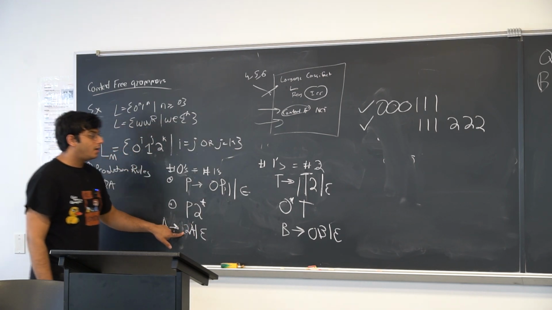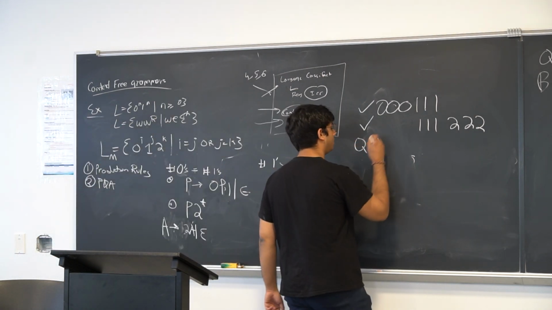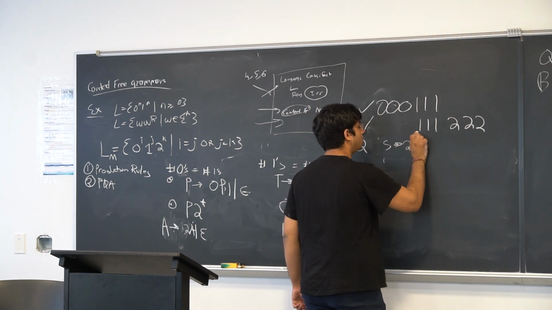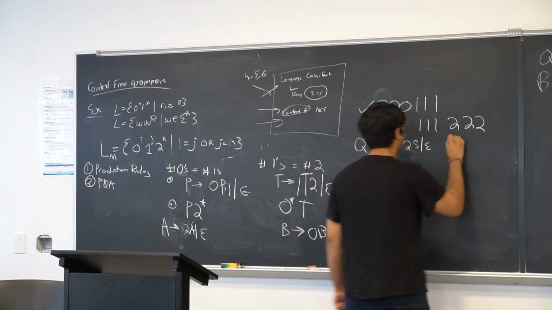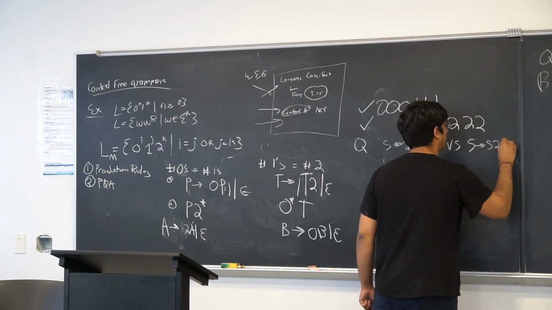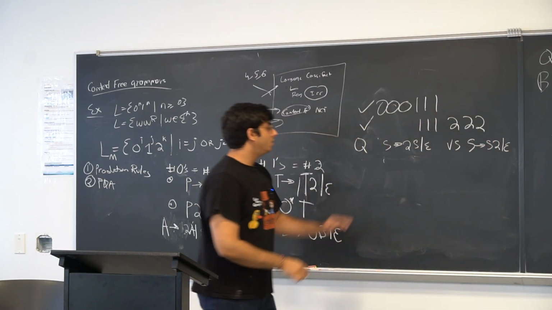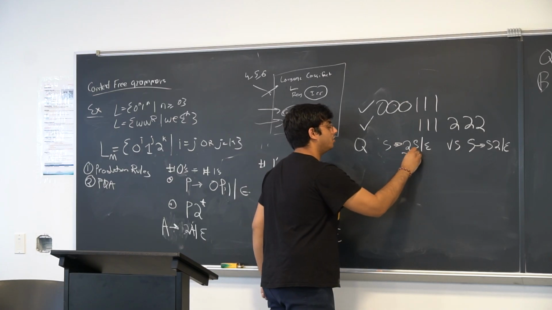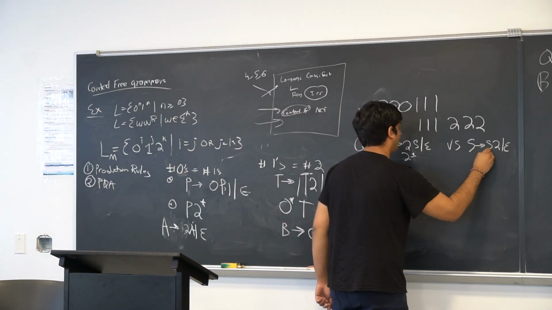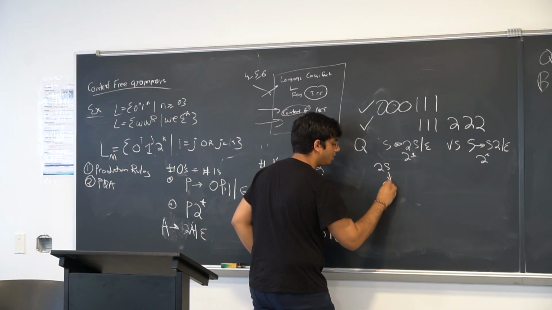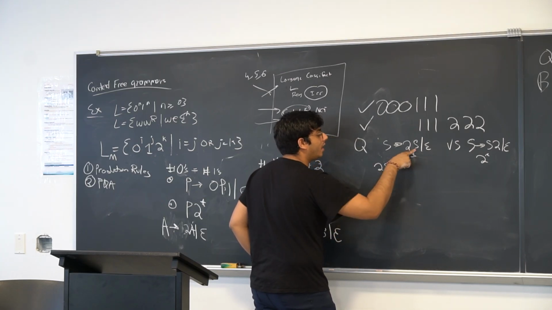So the question is, S leads to 2S or epsilon, versus S leads to S2 or epsilon. Both of these are the language 2 star, is what we're trying to represent. I start with 2S, I replace S with 2S.